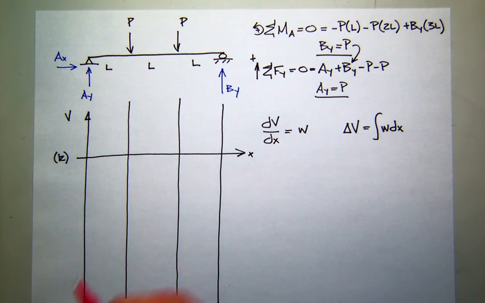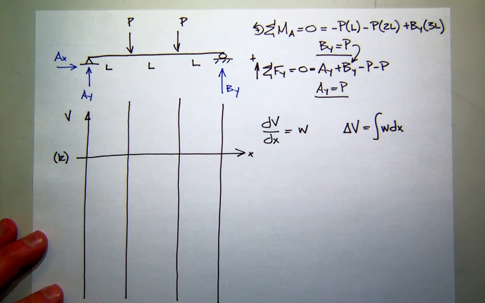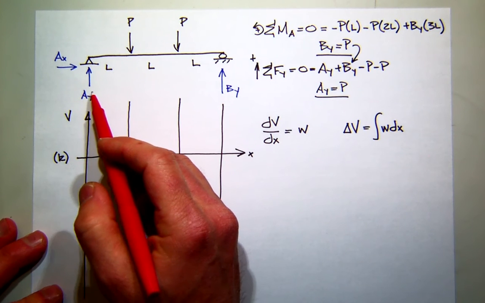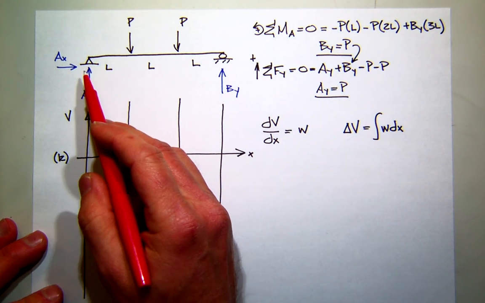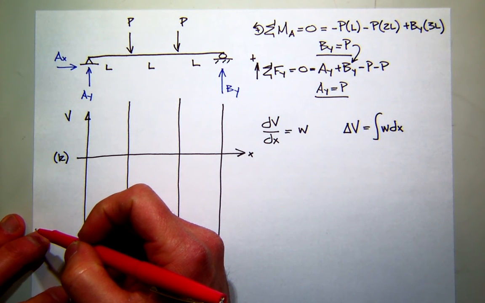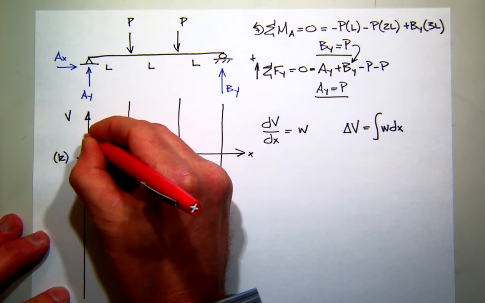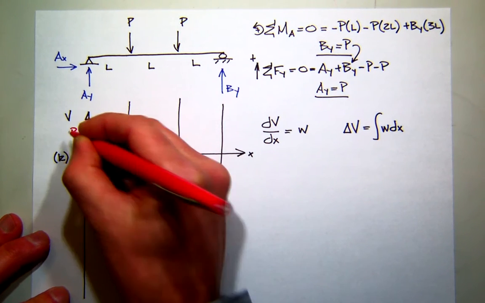So let's start here. What do you think the shear at point A is? Well, we found AY is P and AY was up. A shear on the left side acting up is positive or negative? Remember the sign convention for shear? That's positive. So I know I'm going to have a positive shear value of P there.